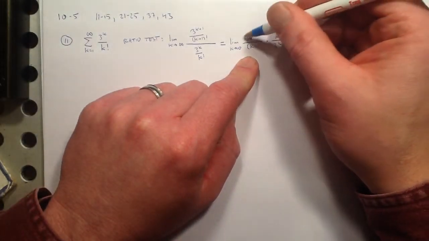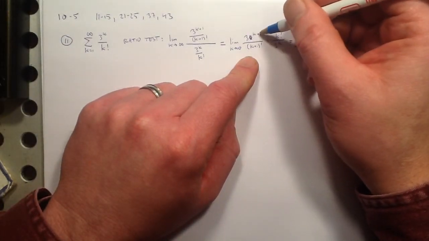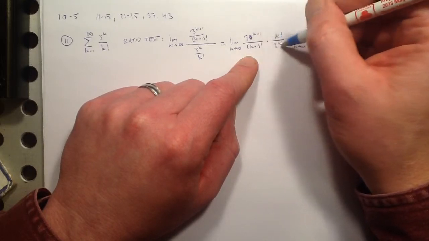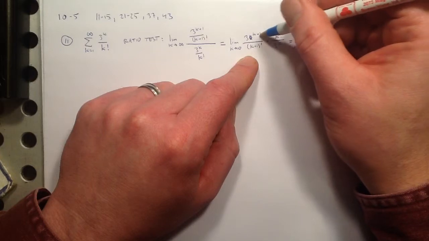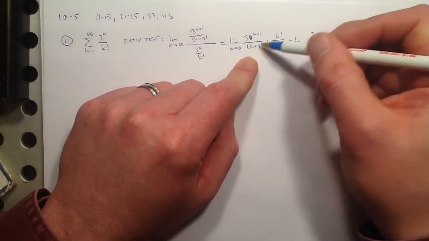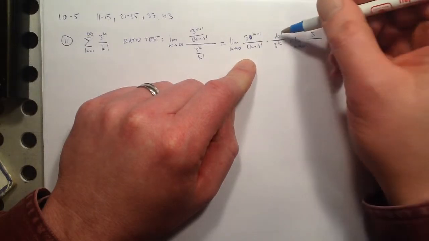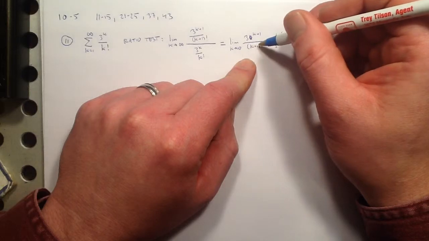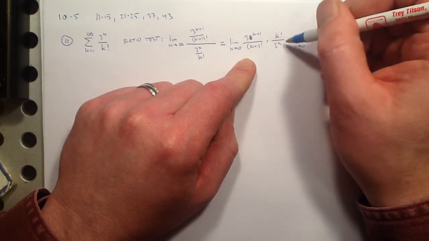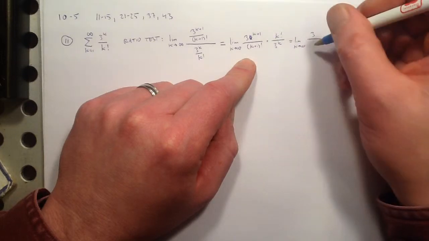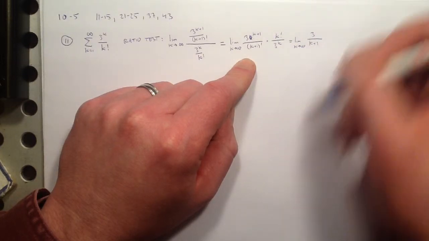Here I have 3 to the k plus 1. That's 3 times itself, k plus 1 times, and 3 to the k. When I cancel these out, the only thing that's left is the 1 extra 3 on the top. And canceling out factorials, this is k times k minus 1 all the way down. And this is k plus 1 times k all the way down. So the k all the way down cancels out the k all the way down here, and all that's left is k plus 1 on the bottom.